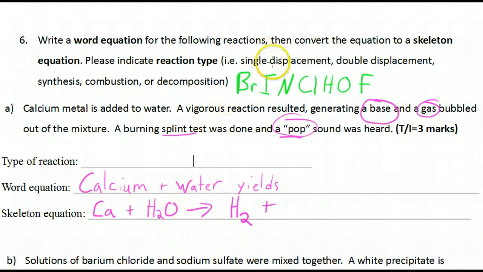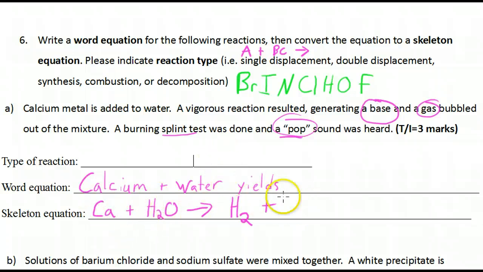So remember, if you have A plus, let's say BC, then that's probably a single displacement, because then the nonmetal will switch with the nonmetal, or the metal will switch with the metal, that kind of thing. So in this case, we're using the metal switch with the metal, or in this case, it's the cation with the cation.